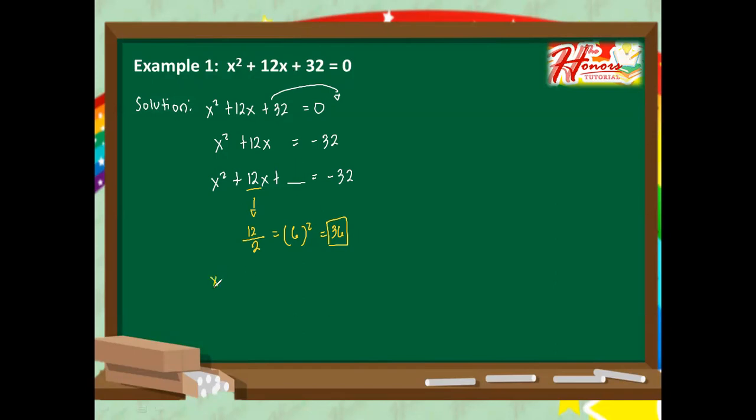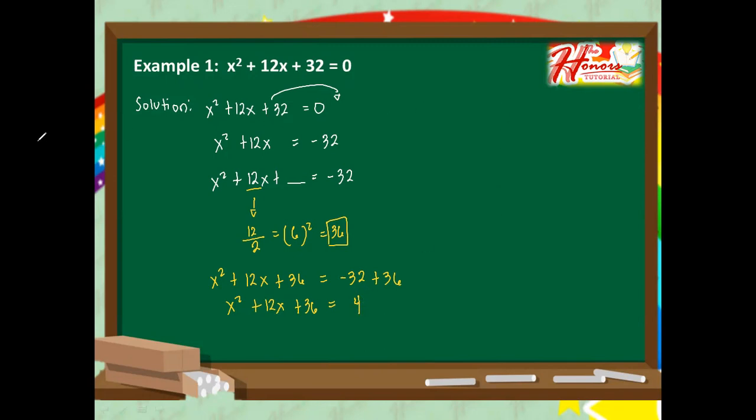So it will become x squared plus 12x plus 36 equals negative 32 plus 36. And then we will continue solving. It will become x squared plus 12x plus 36 equals negative 32 plus 36. That's positive 4 here.